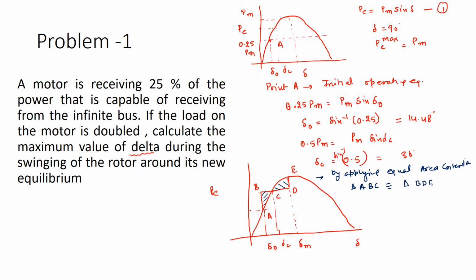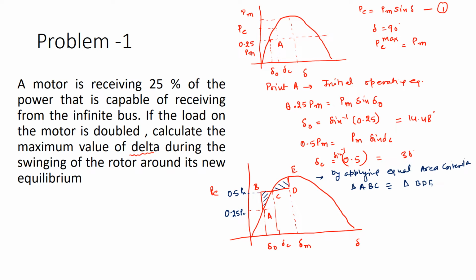If I write the expression for area ABC, you can see over here this is 0.5 Pm, and this is 0.25 Pm. The area ABC will be obtained from the area of this rectangle: if I integrate between delta naught and delta C, and subtract this with this rectangle, I will get this area ABC.